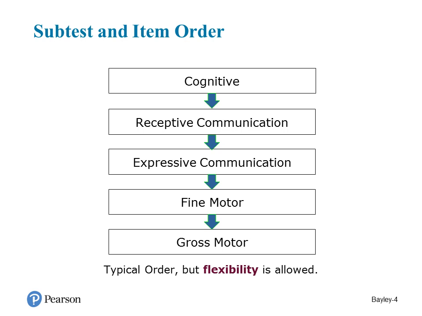Still, I think that the order in which they are presented in the record form really does make a lot of sense, because when you think about cognitive development, for example, the way that we are able to demonstrate that our thinking and reasoning abilities are developing as expected is because we use some kind of communication to respond to questions that you're asking, or maybe, for example, if you're asking me to imitate one of your behaviors using my fine motor skills, I'm able to use fine motor to demonstrate some cognitive ability.